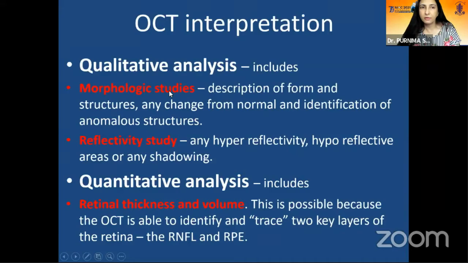Qualitative analysis means we assess all the layers, their structure, any changes from the normal, and we also see the reflectivity studies, any kind of hypo or hyperreflectivity, which is very important. For the quantitative analysis, we see the overall thickness and volume of the retinal layers, and that tells us what is the status of the various layers.